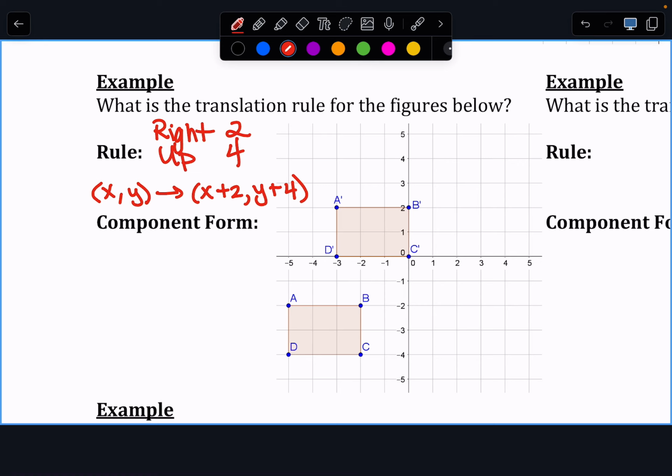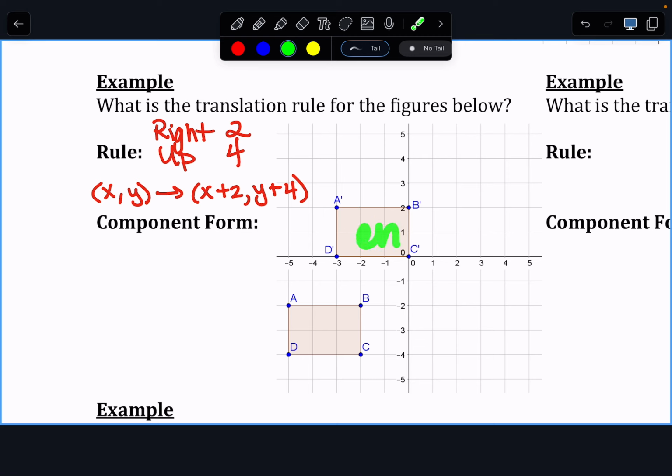What do you mean no? Explain it, Augie. We are starting here. Okay, so let's help Augie out. What does Augie need to look at to know where to start? Do you see how these are A prime, B prime, C prime, D prime?